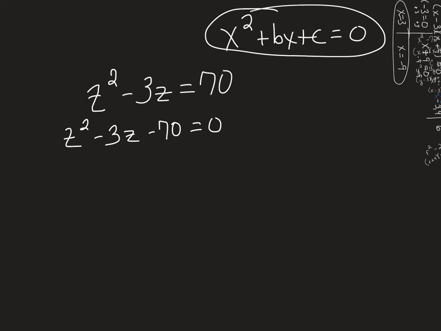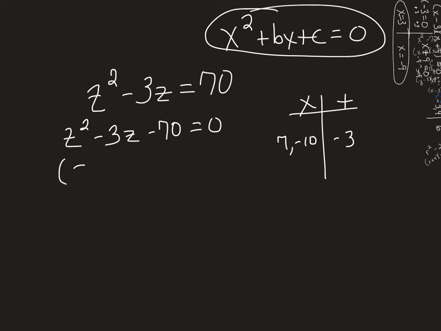All right. This time the larger number is going to have the negative. Okay, 1 and 70 is not going to work. We know that won't work. 2 and 35, negative 2 and 35 is not going to give me what I need. Let's skip to 7 and negative 10. If I add those together, I get a negative 3.